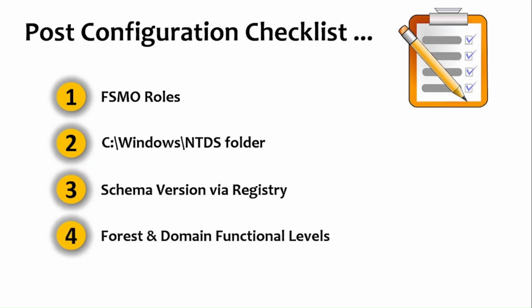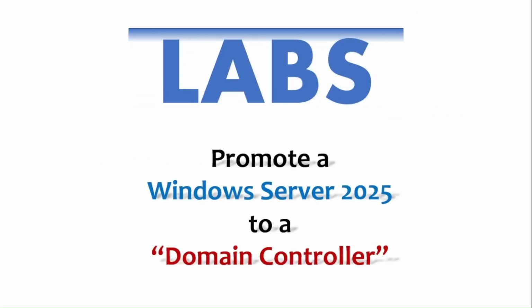And we'll also look at the forest and the domain functional levels available in Windows Server 2025. So let's log on to our Windows Server 2025 and promote it to a domain controller.